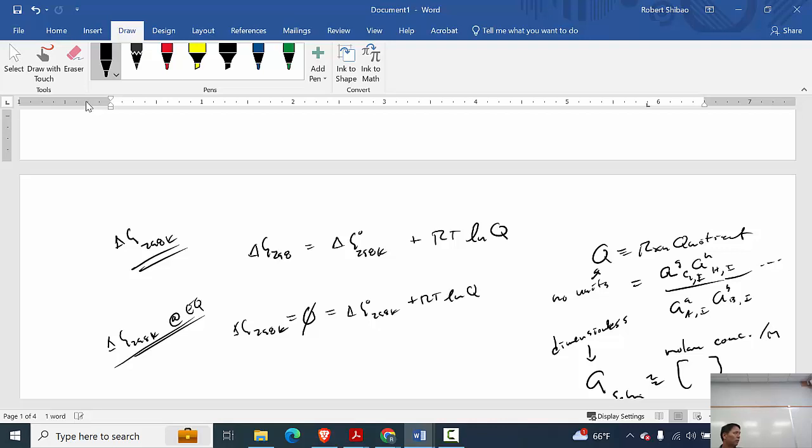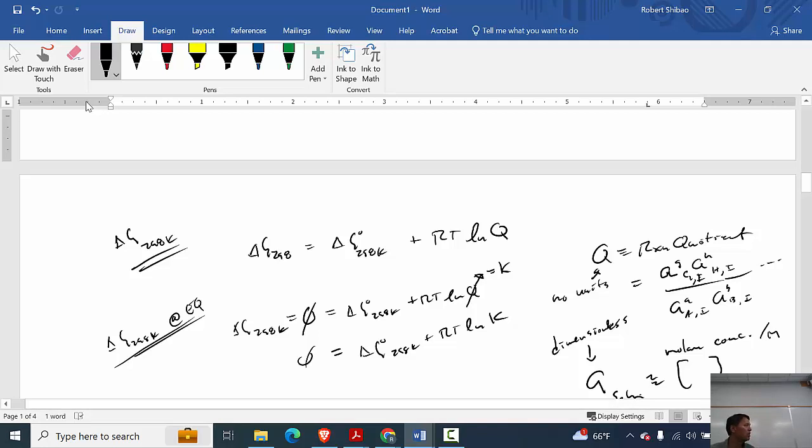Now, if we're at equilibrium, then these are not initial. Well, they're initial and they're equilibrium. And so if the activities are all at equilibrium, then Q is just equal to K at equilibrium. And so 0 is just going to equal delta G naught at 298 K plus RT ln of K. And so this gives us another way of calculating delta G naught.